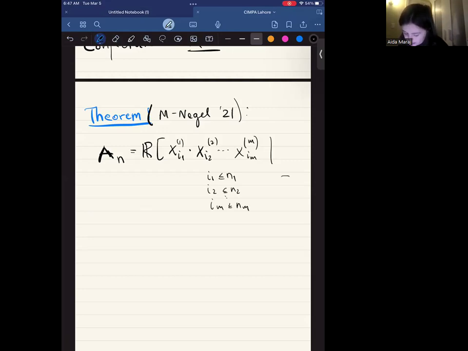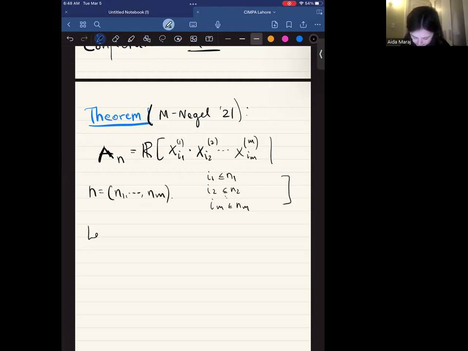So this is the generalized version of what I mentioned before, X_I Y_J or X_I Y_J Z_K. We take products of any of that form, so it's the Segre kind of embedding of M projective planes. So if we take this, N here is N1 through NM.